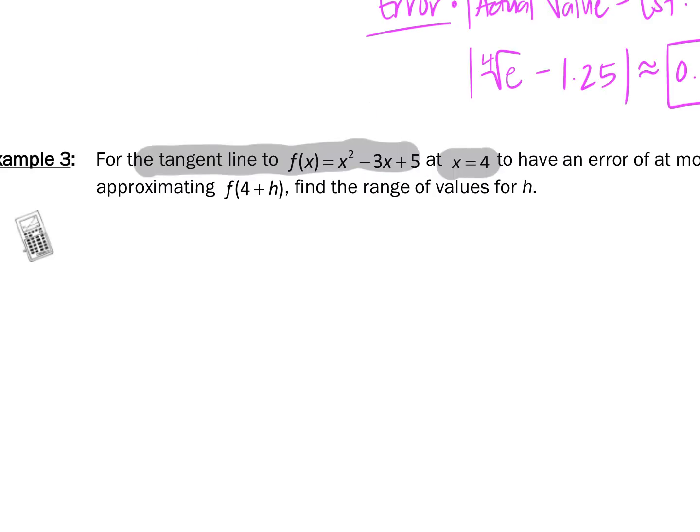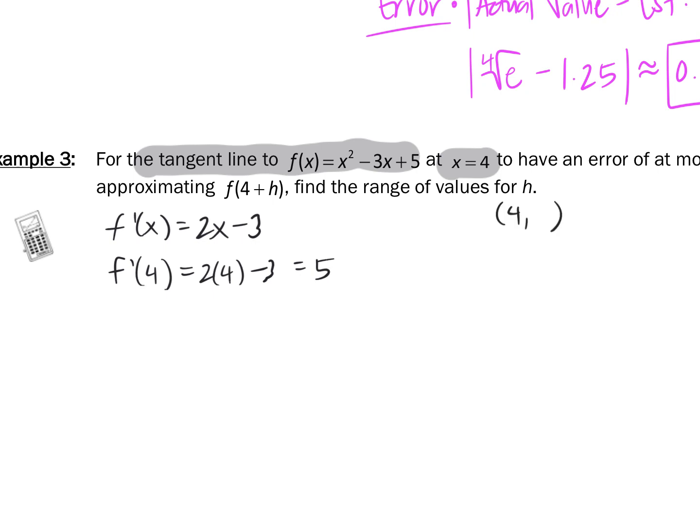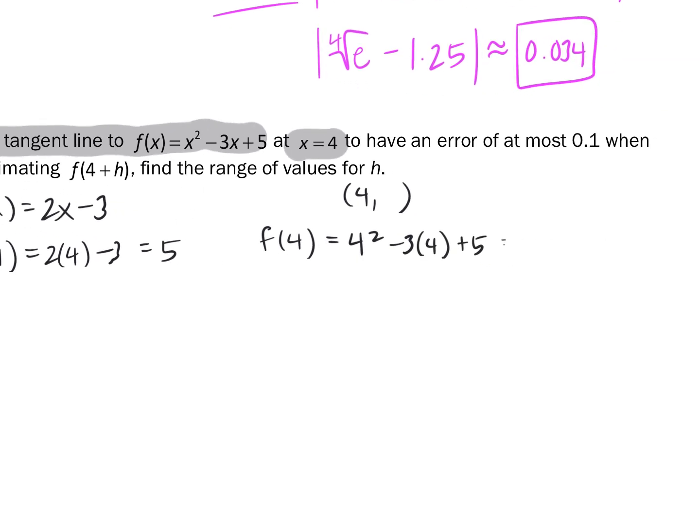I'm going to start showing my work here. If you aren't sure what you're doing, you can follow along. Okay, so I found my point, I found my slope 5, and then 4 comma 9.